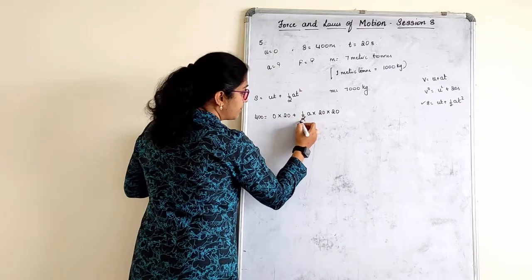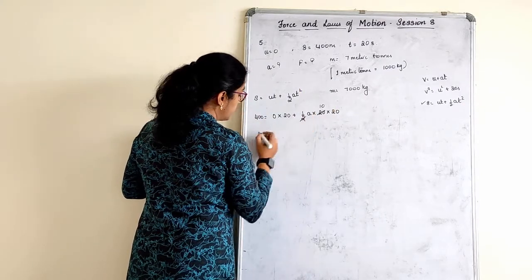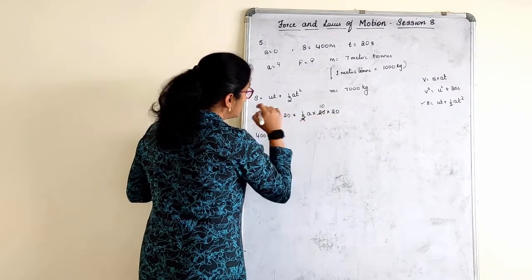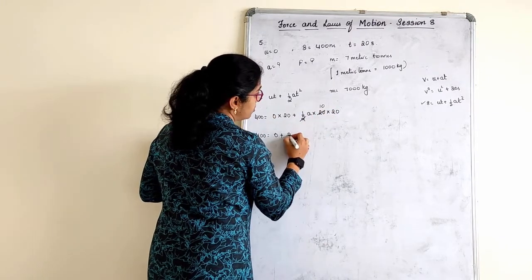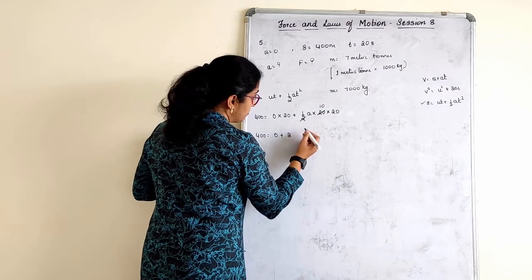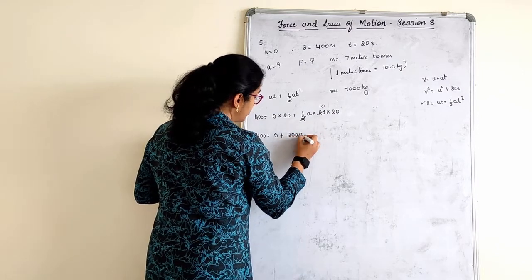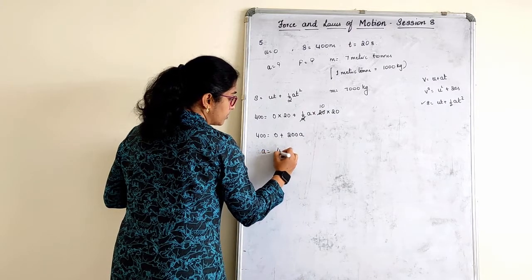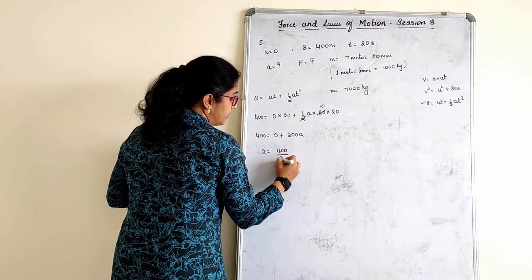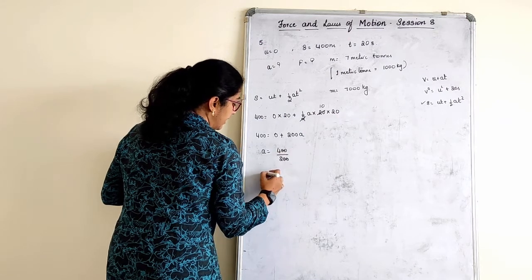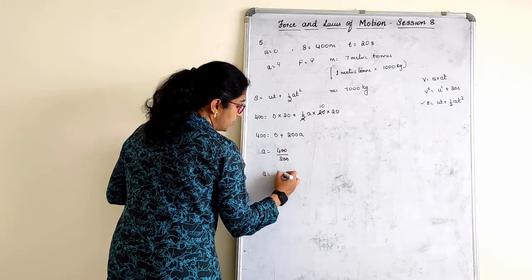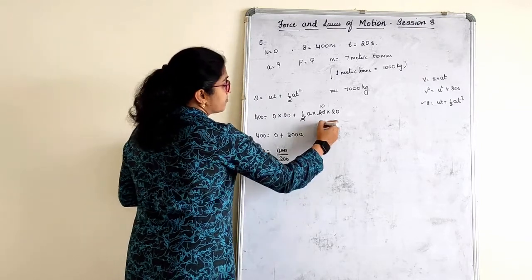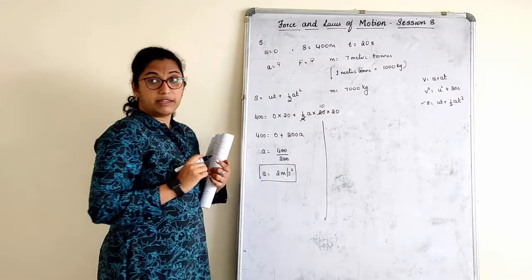So cancel whatever you can. 400 is equal to 0 plus 20 into 20 into 1 by 2, that is 200a. Therefore, a is equal to 400 divided by 200. Acceleration is 2 meters per second square. First part we found the acceleration.